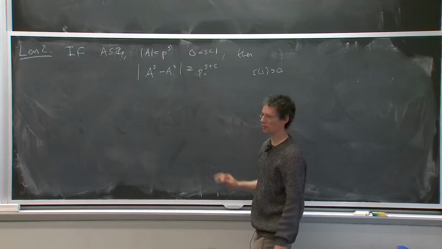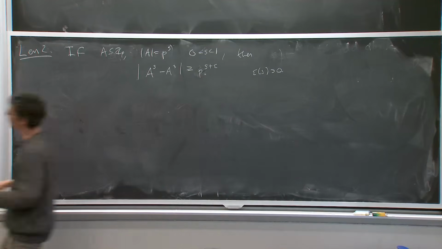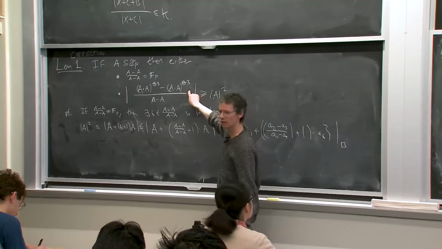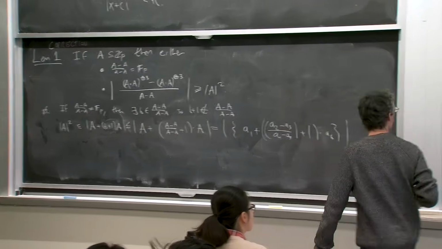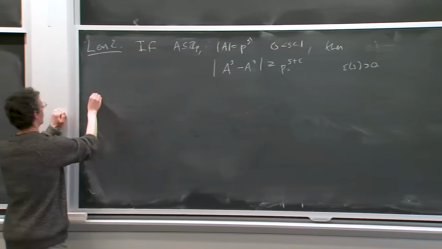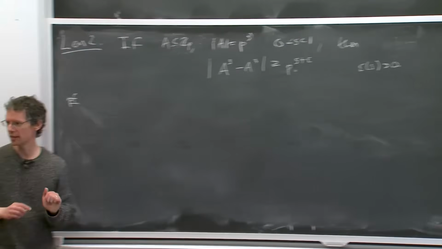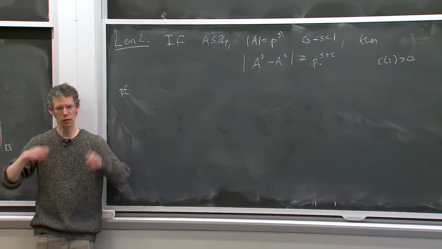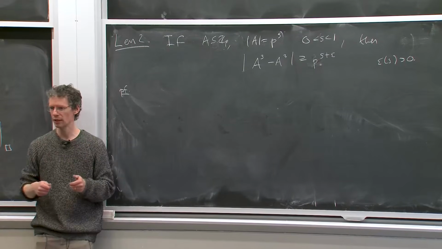Last time we had A^2 - A^2, but that was based on having this nicer thing over here. OK. The proof of this is an excellent example of practicing using Plünnecke and Ruzsa's inequalities.